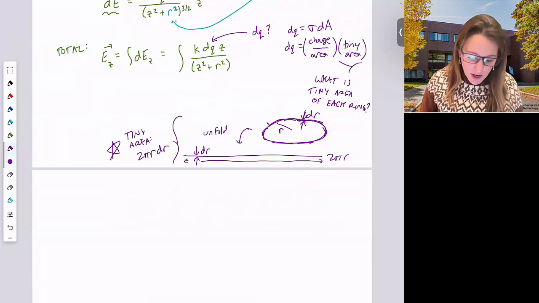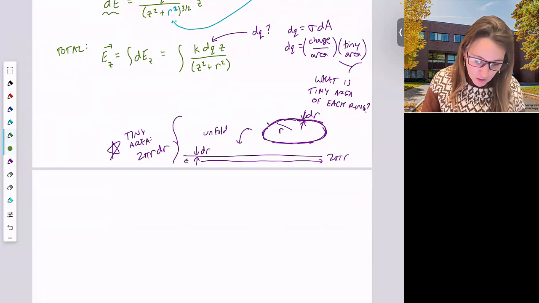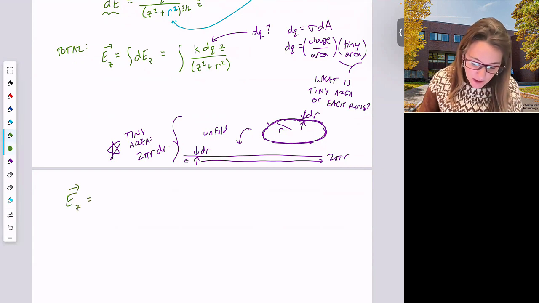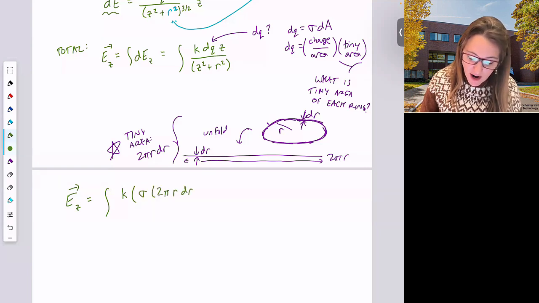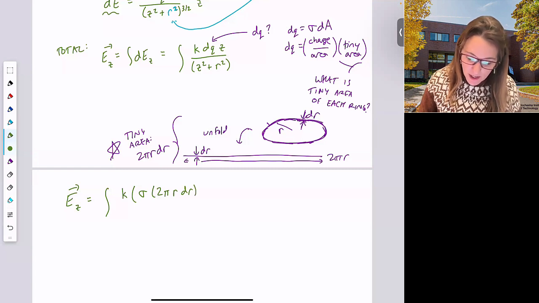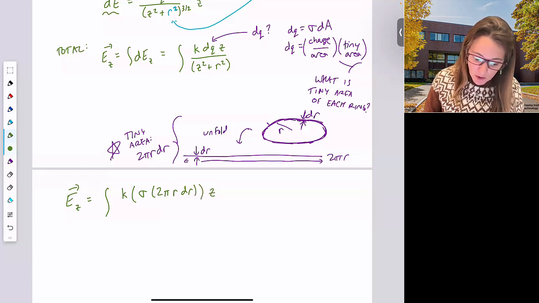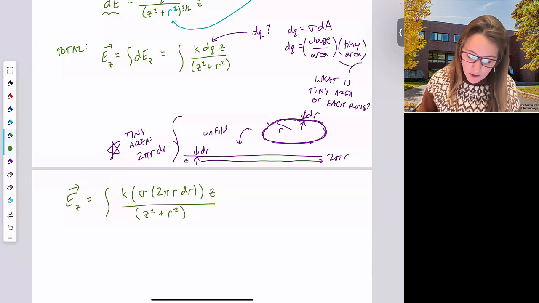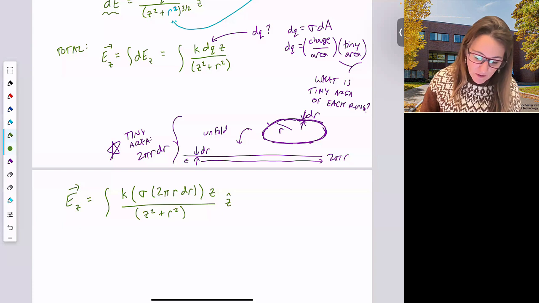So now we can actually say, okay, what's our dq? Our total dq is just going to be sigma dA. So plugging that in, we now have k, and then dq is sigma, and dA is 2 pi r dr. And then times z, so I just plugged in for dq here, over z squared plus r squared. And this is again all in my z hat direction.